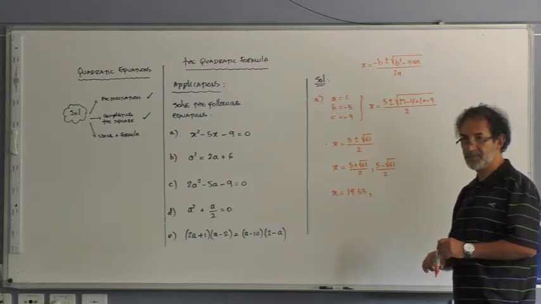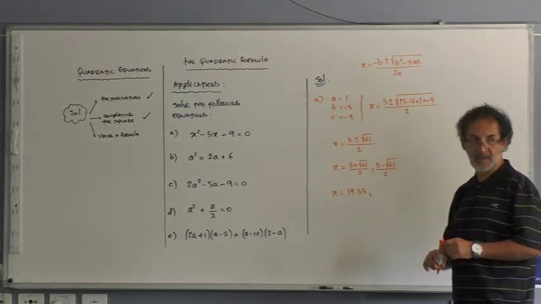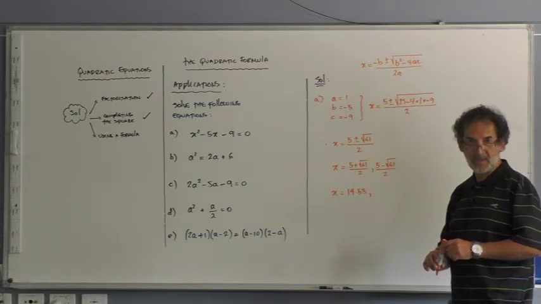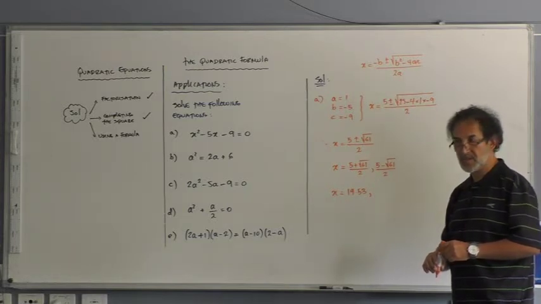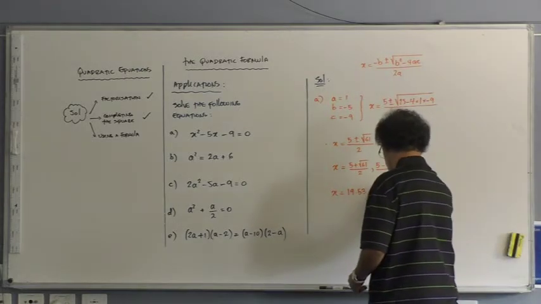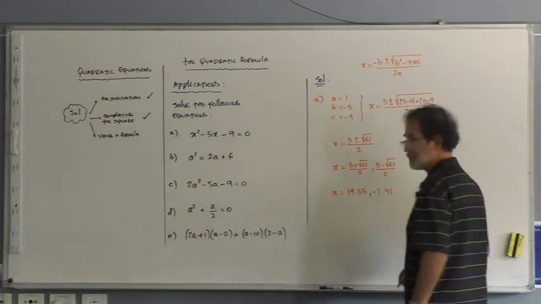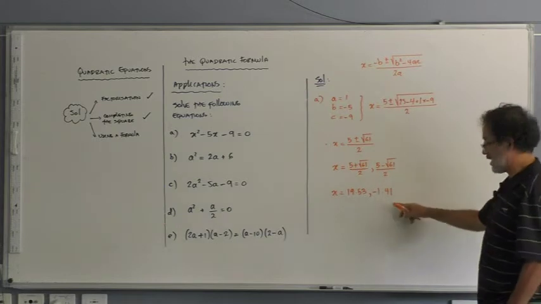Anyone? Yeah. What is it? Negative 1.41. Okay.